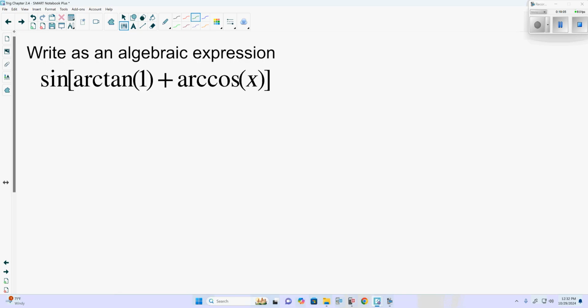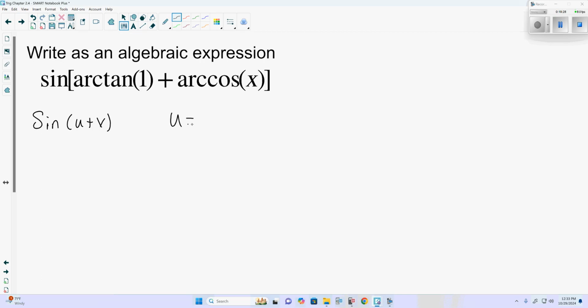All right. Well, essentially we have the exact same thing, but we're looking at sine of u plus v instead of cosine of u plus v, which does change the formula a little bit.